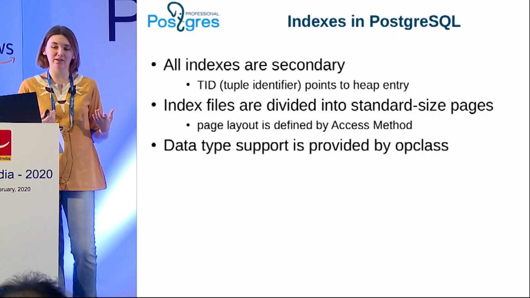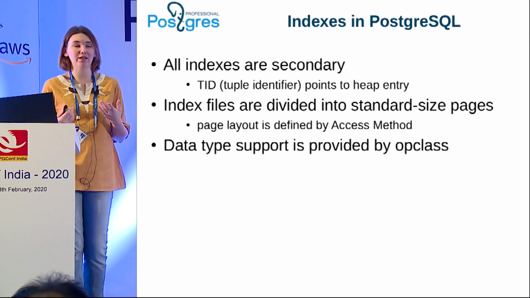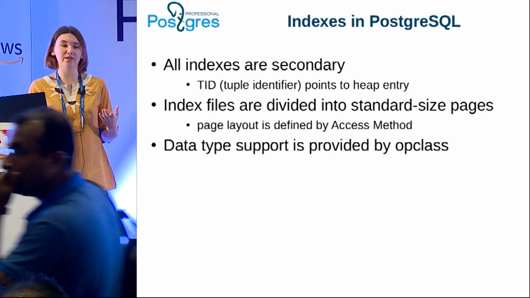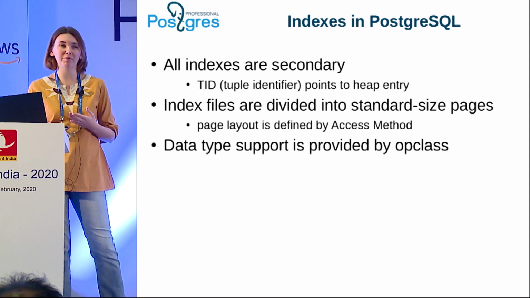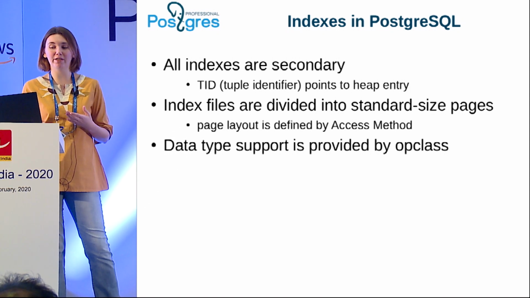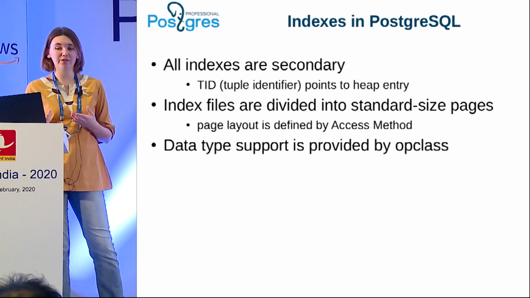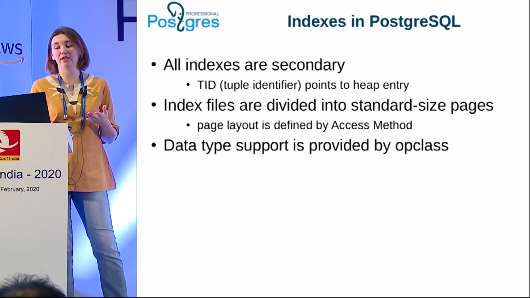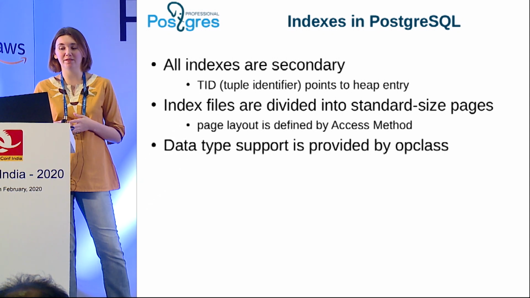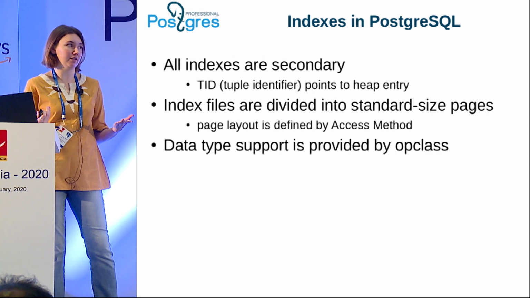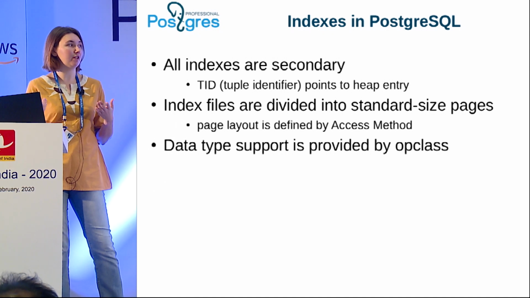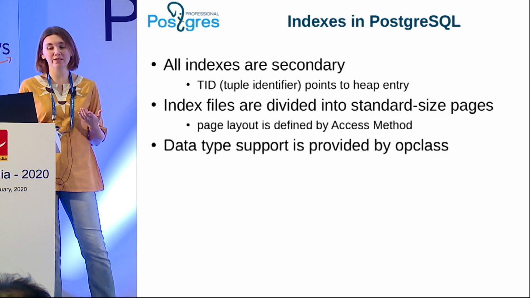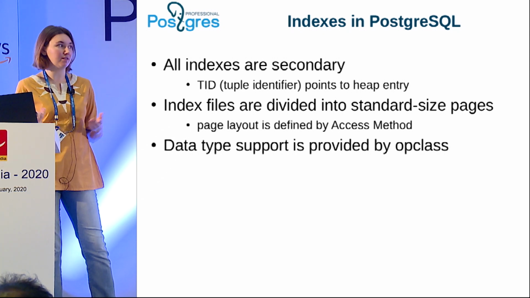Typically, an index stores a key that it indexes and also a pointer to its location in a heap, which is called tuple identifier or tuple ID. Index files are divided into standard size pages, and page layout is defined by the access method. We have several access methods, such as B-tree, GIN, GiST, also BRIN, and others. Today, I'll concentrate on B-tree.